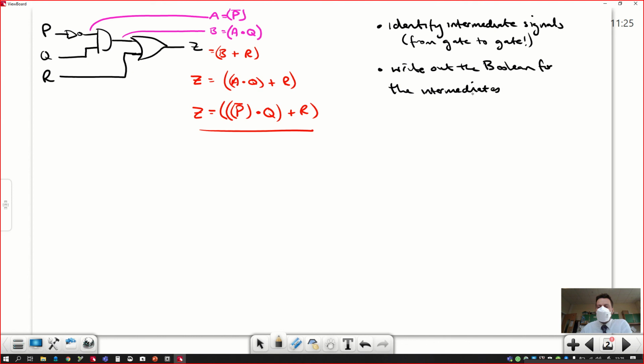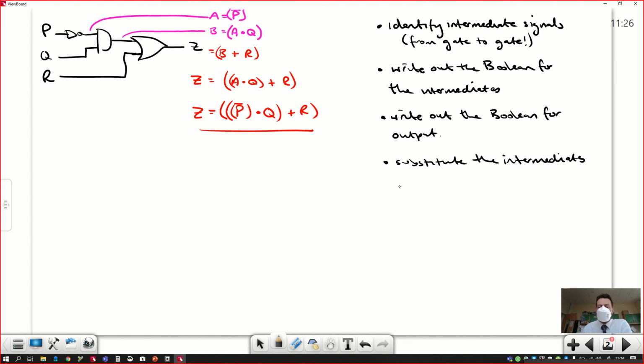That's what I did in purple. Write out the Boolean for the output. That's my first red line. And then substitute the intermediates into the final one.